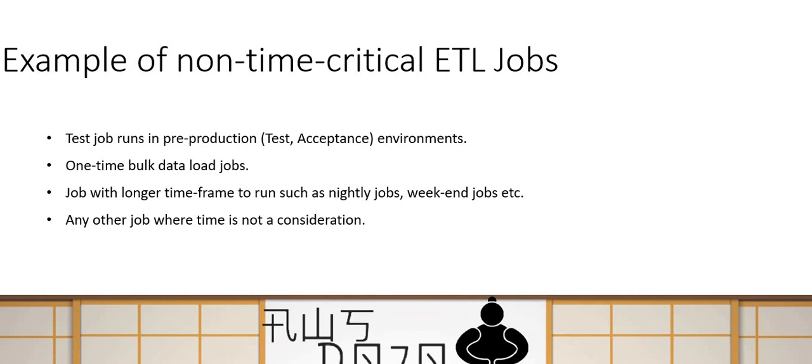In very simple terms, if the start time of the job and how long the job takes to finish are not so important for your job, then you can say it is a non-time critical job. And if you run such jobs with this flex execution method, then again, as per AWS documentation, you can save cost up to 35%.